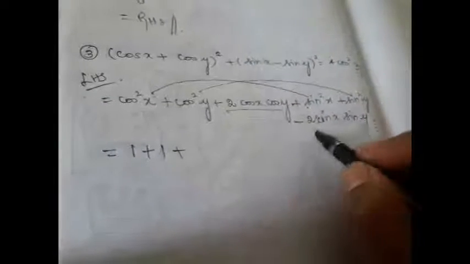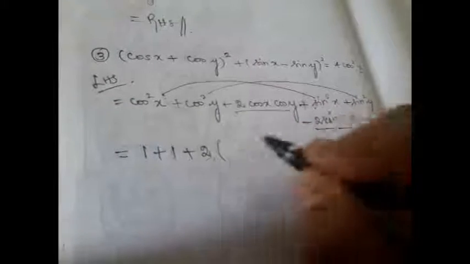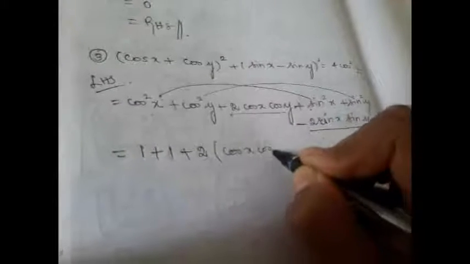Then what is left out? This term and this term. From this we can take 2 common, so plus 2 into cos x cos y minus sin x sin y. Then immediately what identity is it? Cos a cos b minus sin a sin b, which is nothing but cos a plus b.